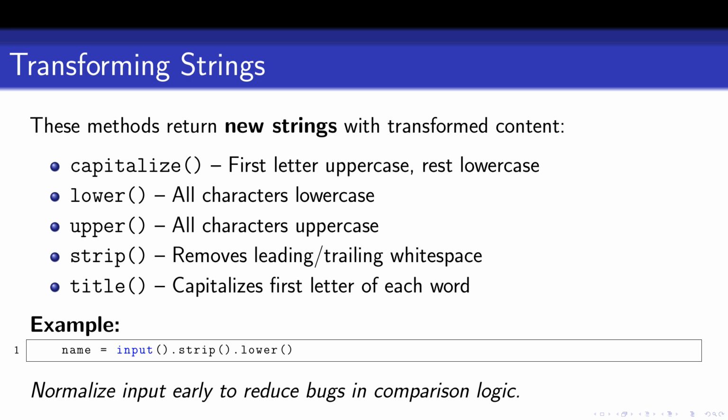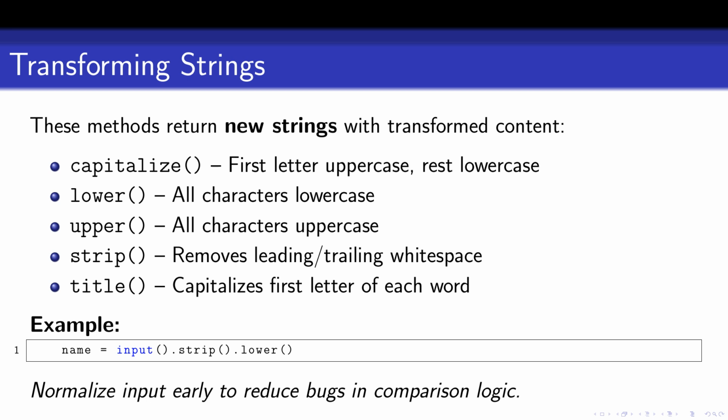In addition to Boolean checks, Python provides transformation methods for converting and cleaning up strings. These include capitalize(), which uppercases the first letter and lowercases the rest; lower() and upper() for changing all characters to lowercase or uppercase, respectively; and title(), which capitalizes the first letter of each word. The strip() method removes leading and trailing whitespace, which is especially useful when handling user input.